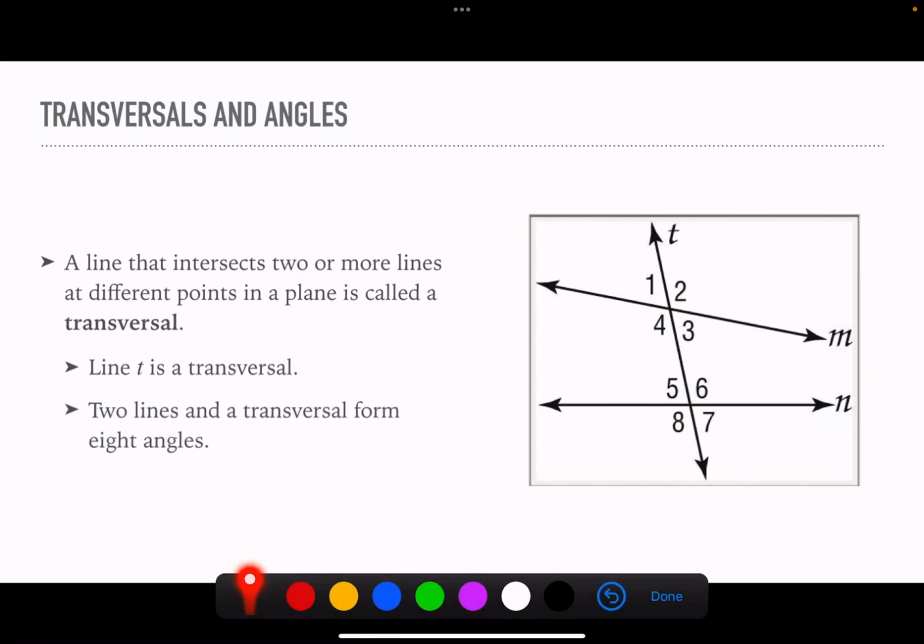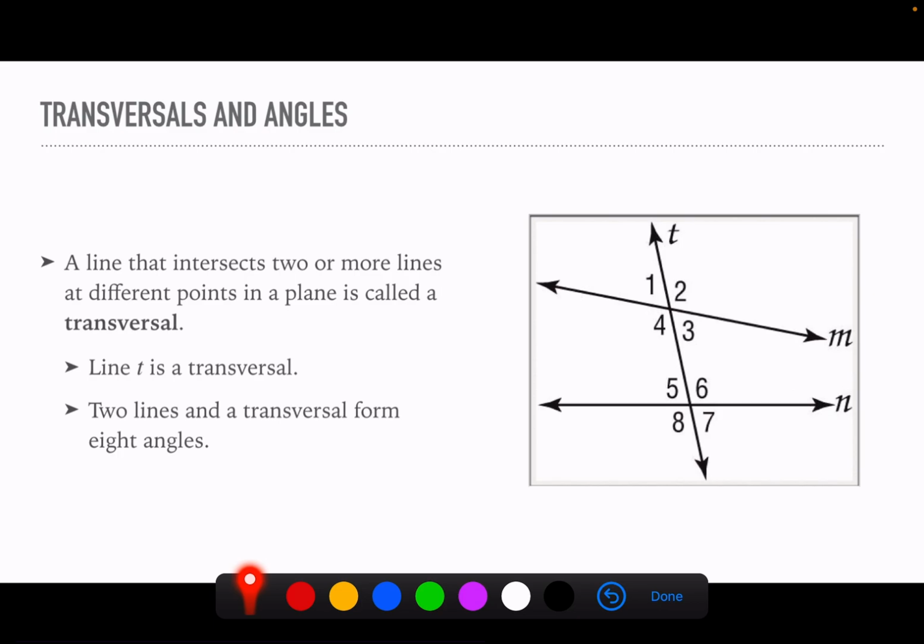You can also see that when these two lines and a transversal are present, we have 8 different angles here. Okay? Now we can have a third line come through, in which case then we have 12 angles.